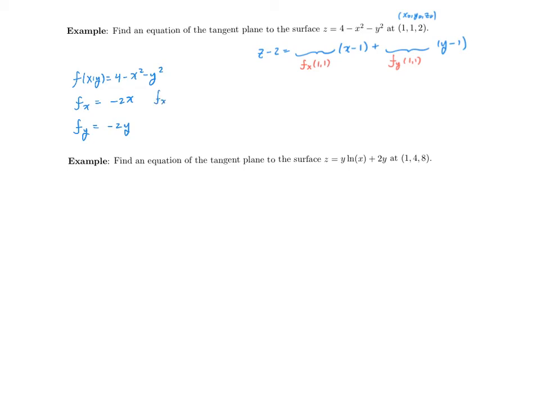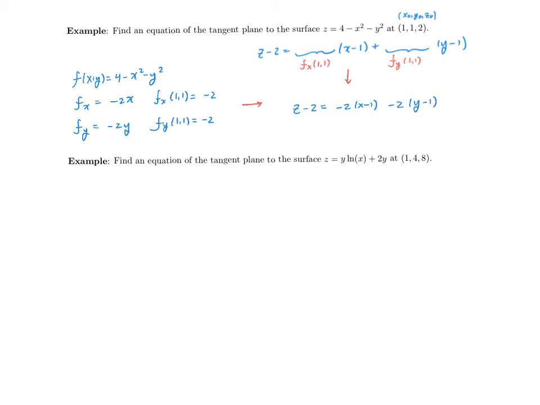Once we have these partials computed, note the partial with respect to x evaluated at 1, 1 is minus 2, and the partial with respect to y at 1, 1 is also minus 2. And substituting those values, we now have the desired equation of the tangent plane. z minus 2 is minus 2 times x minus 1, minus 2 times y minus 1.